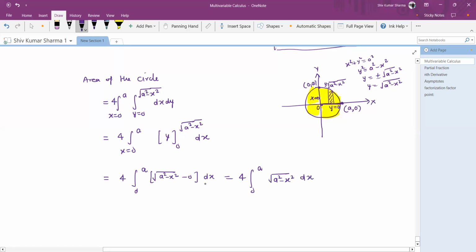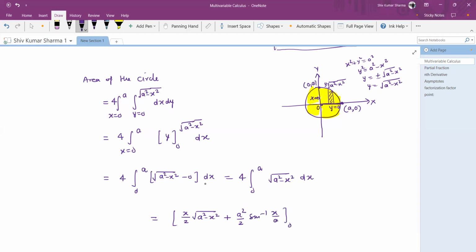When we evaluate this integral, we have a direct formula for root a square minus x square. The formula is x upon 2 root a square minus x square plus a square upon 2 sine inverse x upon a.